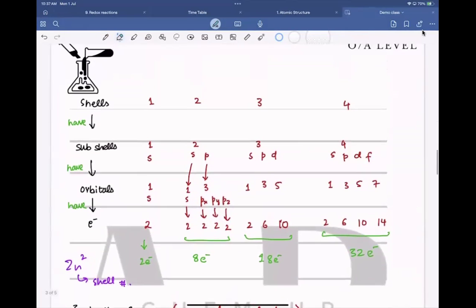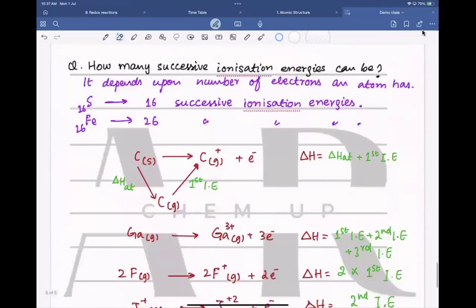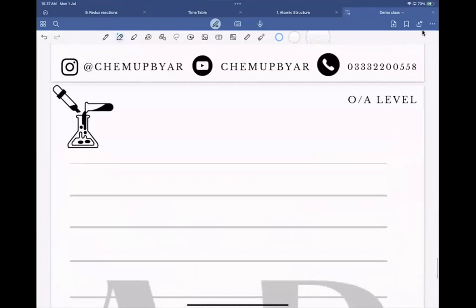This is what we discussed in the last class, right? Yes, sir. Now, I'm going to discuss the shapes of orbitals.